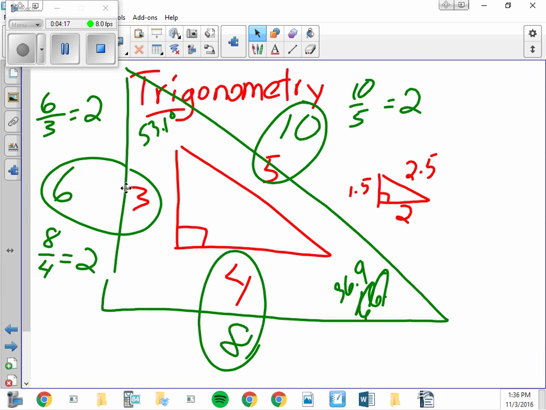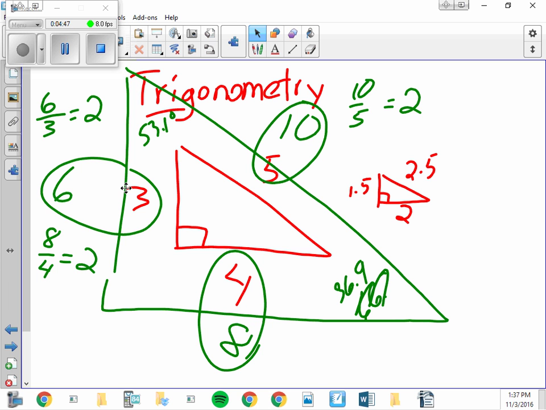The common aspect of all of these triangles would be the angles. In the small one, the medium one, and the big one, one of the angles is a right angle, one of them is 36.9, and the other is 53.1. Every single triangle of that shape will have proportional sides. Just the ratio will change according to how big it is. If it's 4 times bigger, then the ratio will be 4. If it's 8 times bigger, the ratio will be 8.